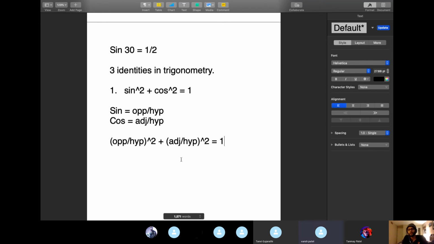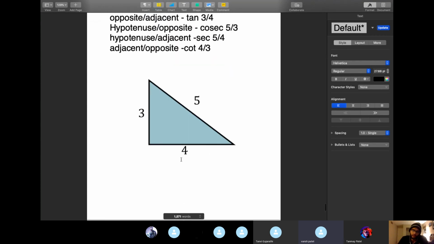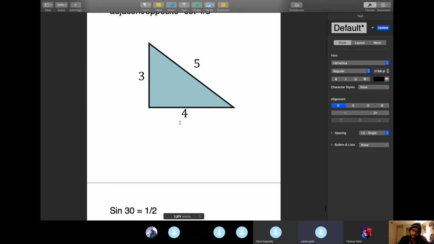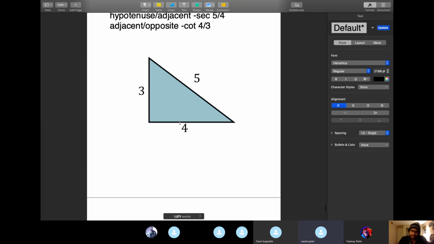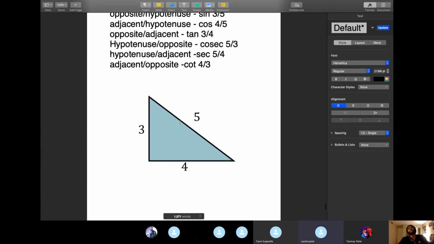Sir, in this particular triangle, if we use the Pythagoras theorem, the opposite side will be 3 by 5 and the adjacent side will be 4 by 5. And if we use this, the Pythagoras theorem will prove that sine squared plus cos squared equals 1. Correct, but you are doing it in this triangle.